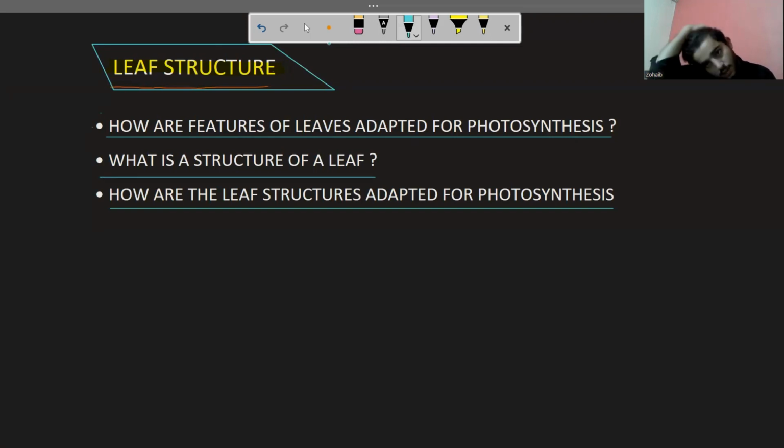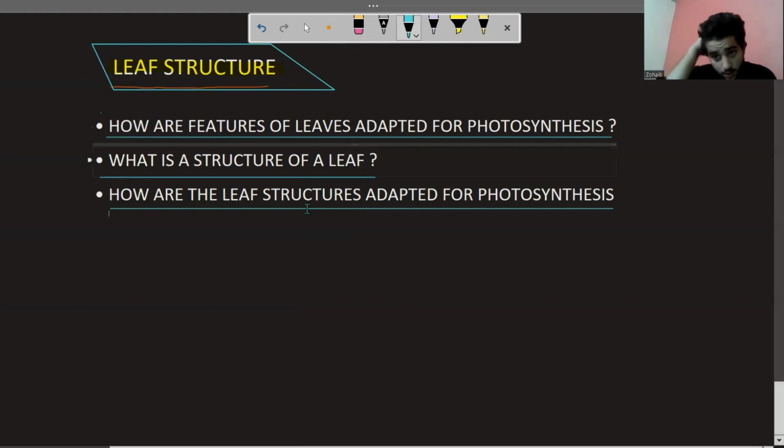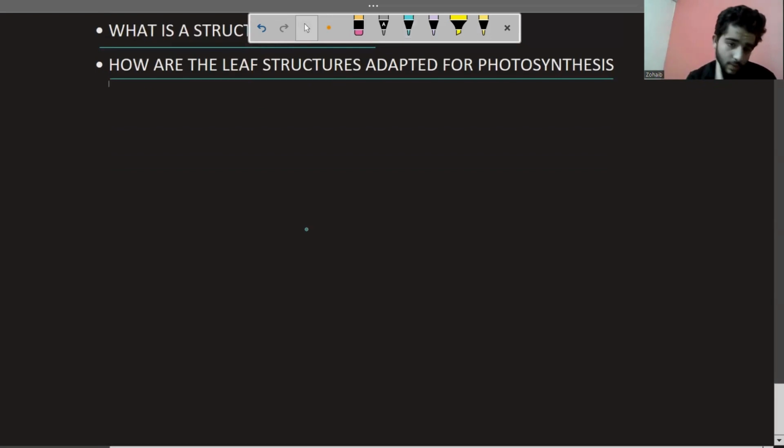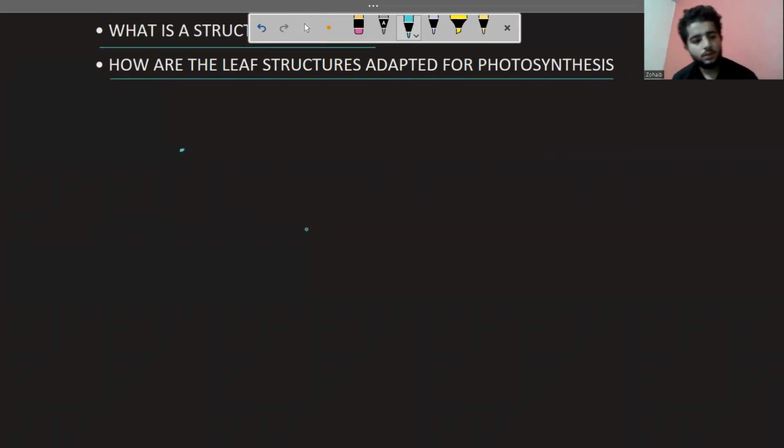Adaptation of leaves for photosynthesis. How is a leaf adapted for photosynthesis? The first point is their broad, flat shape.